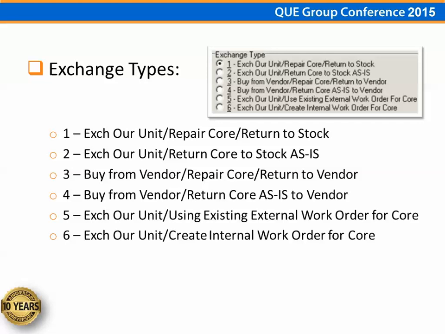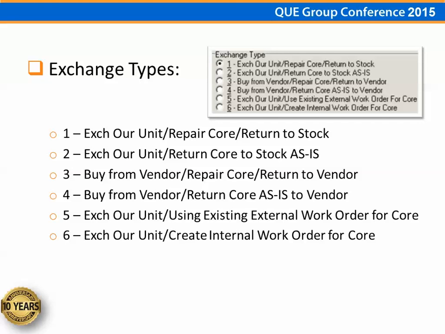The second type of exchange is similar, but in this case, you're going to exchange our unit, return core to stock as is. And so in that scenario, for us, that's a scenario where we are exchanging a part, and when the core comes back, we don't want to do anything with it except put it back in stock. Typically on our side, what we do is we will send out almost all of our exchanges out, at least for an evaluation.